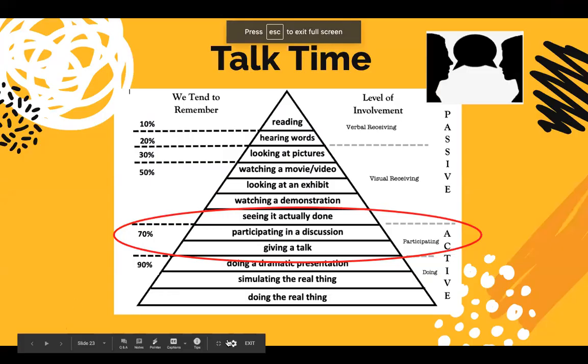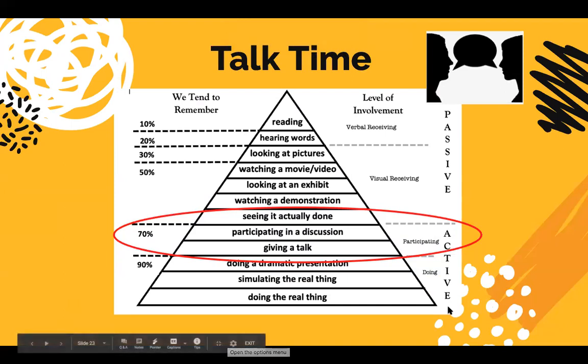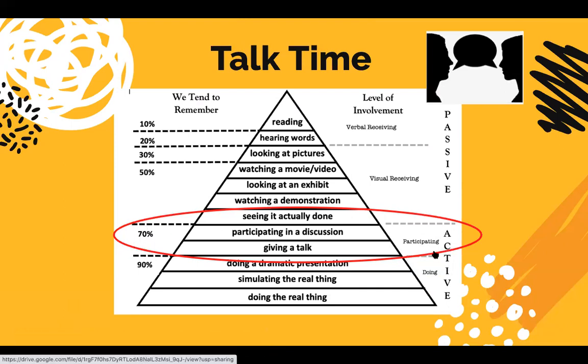Because when we think about the learning pyramid and when students are most involved in learning, when they're most actively learning and participating, they're remembering 70% of what they are participating in, discussing, giving a talk, doing dramatic presentations.